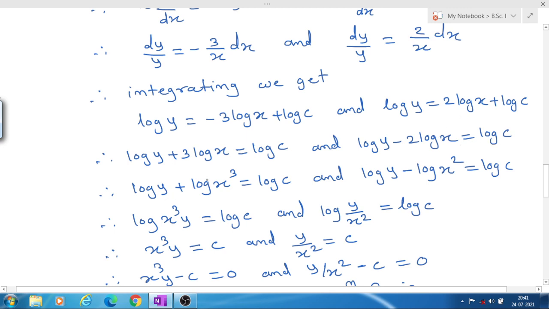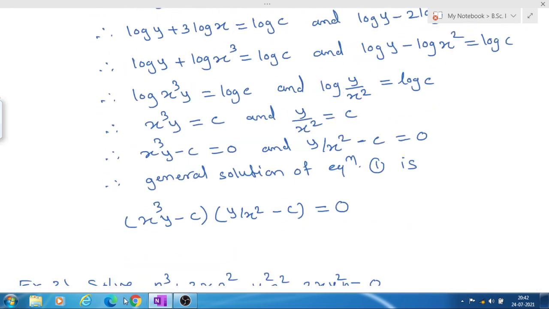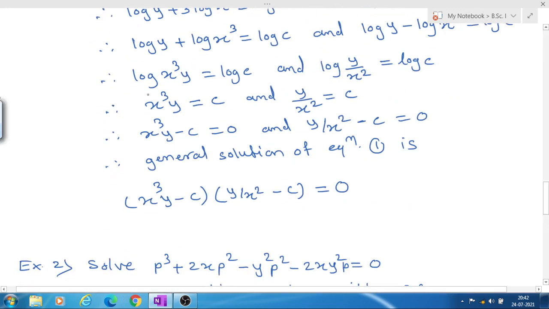So log y plus 3 log x, 3 log x means log x cube, is equal to log c. Here log y and this minus 2 log x means log x square is equal to log c. So log y plus log x cube means log of x cube into y, the product of these two terms.